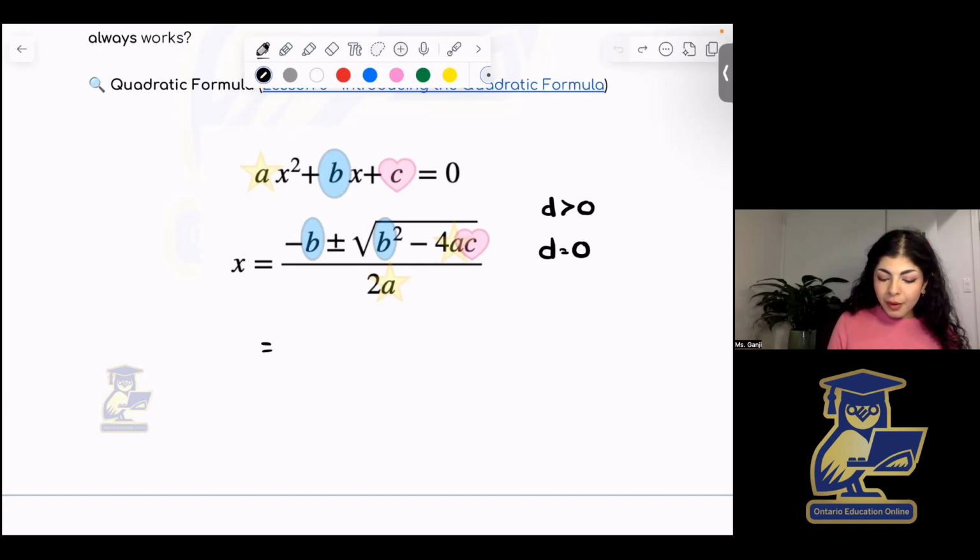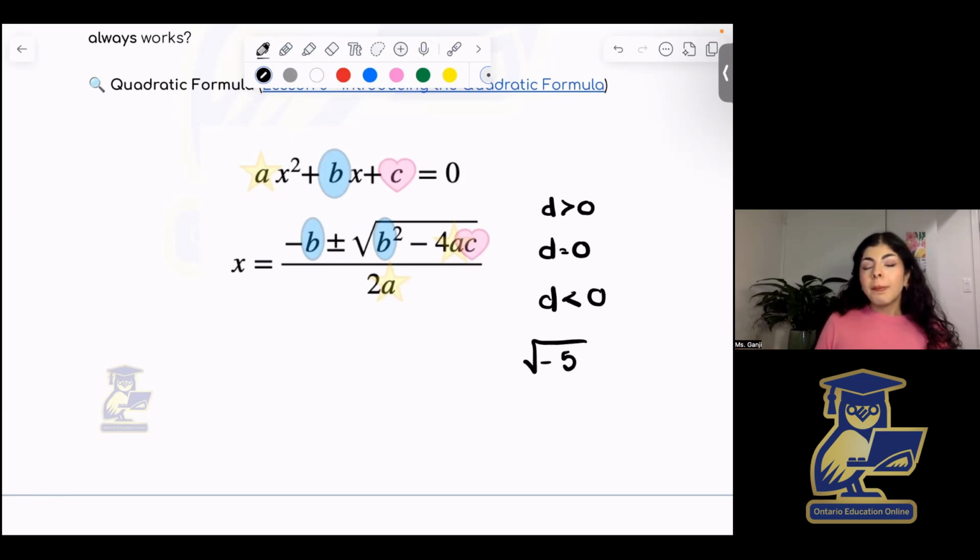And finally, if D is less than 0, we have not seen how to find square roots of, for example, negative 5. But in math, these numbers do have a name, and these are our imaginary numbers. So the square root of negative 1 itself is our imaginary number, and it's kind of like a cursive i.